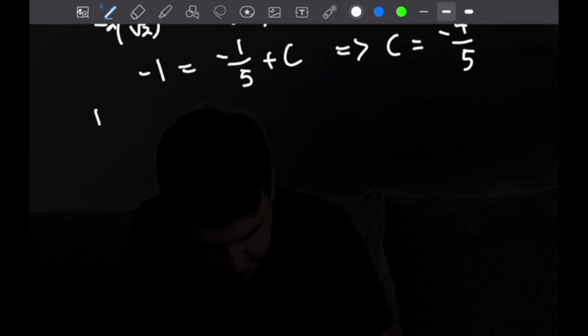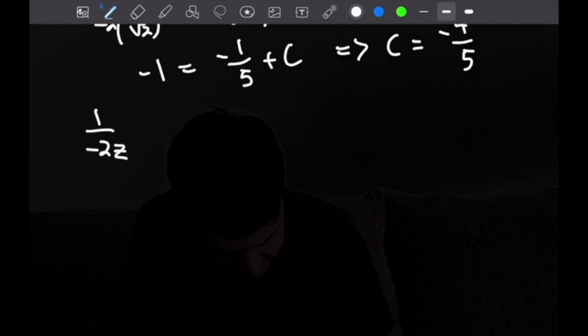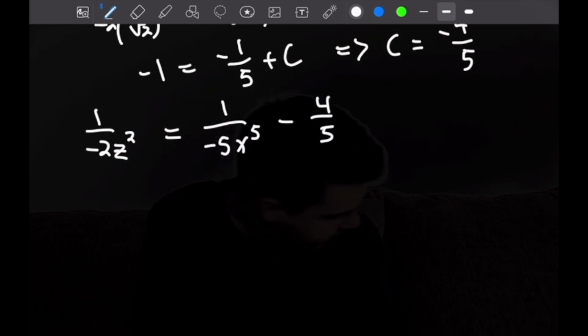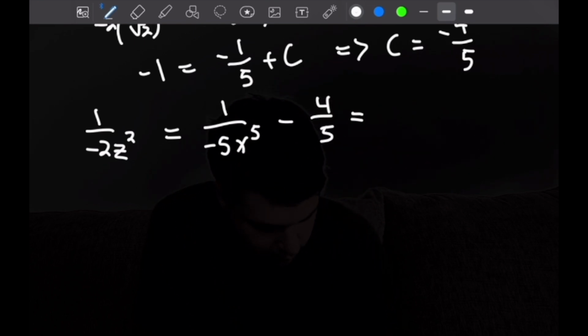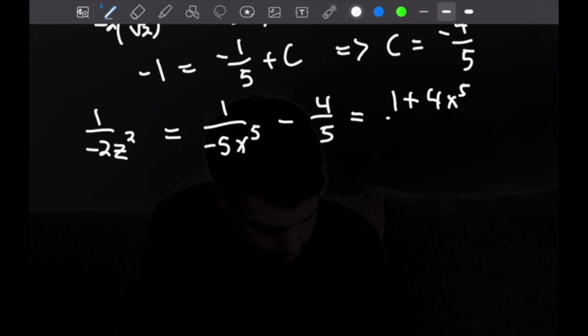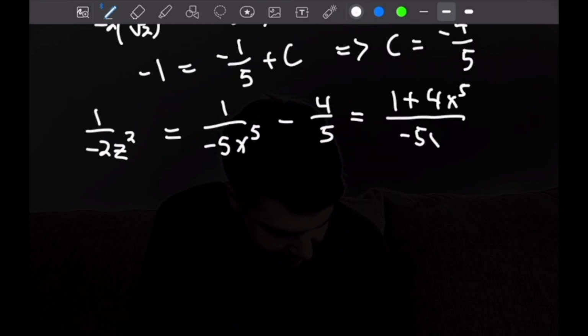We will have that 1 over negative 2 times z squared is equal to 1 over negative 5 times x to the 5th minus 4 over 5. We can go ahead and rewrite the right-hand side of this equation to be 1 plus 4 times x to the 5th over negative 5x to the 5th.